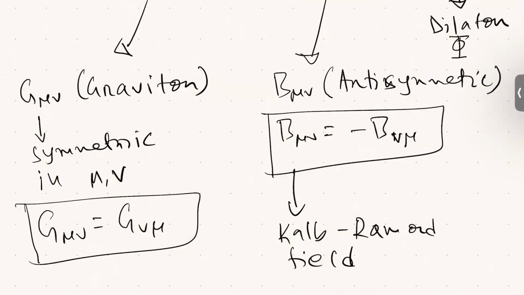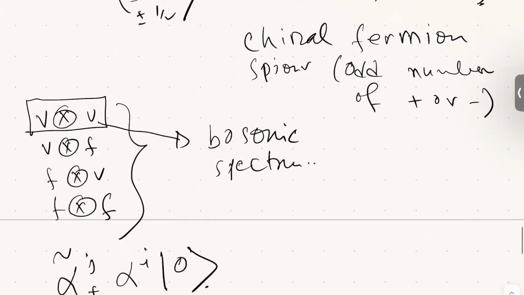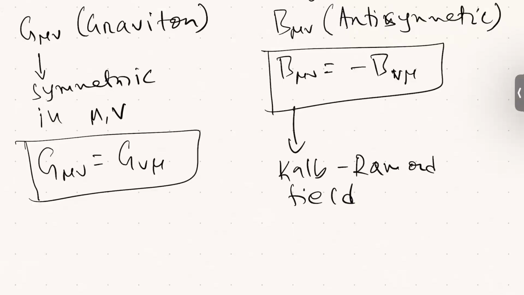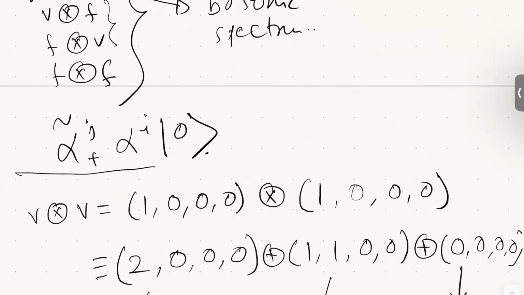So any type 2 strings will always have this. Now you will hear this thing called type 2B or type 2A. This actually depends upon whether you are taking chiral fermions or non-chiral fermions. But to recap, this is the number operator, right?